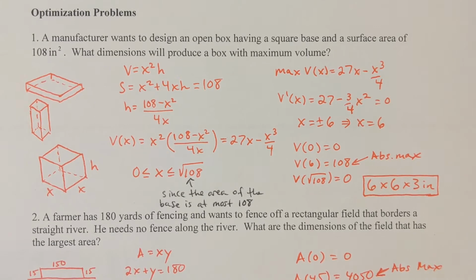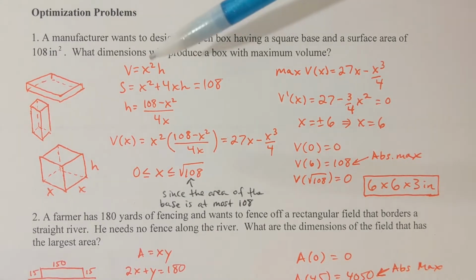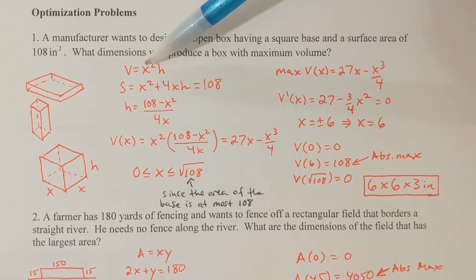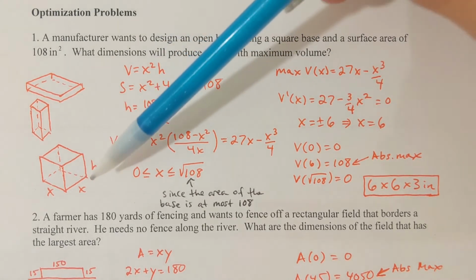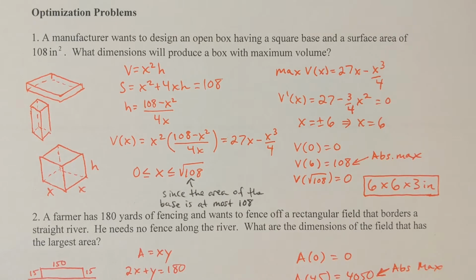Well, we're going to use a formula for volume of a box, which is length times width times height. Okay, or X times H would be just the general formula that I'm going to start off with here. And this is going to be a function of X. So I don't want X and H floating around. I'd like to have only X.